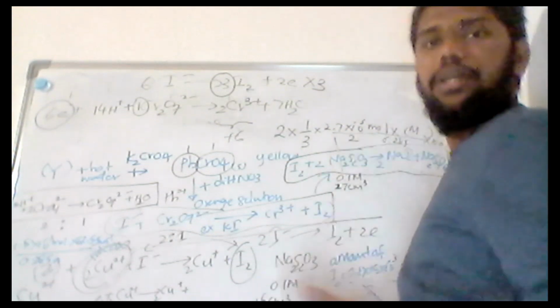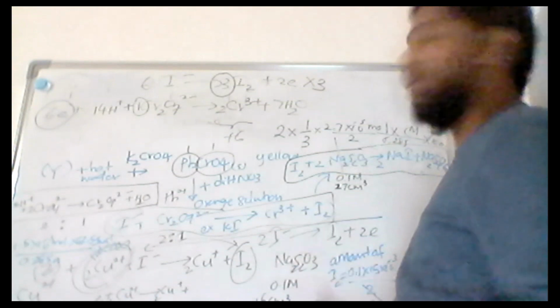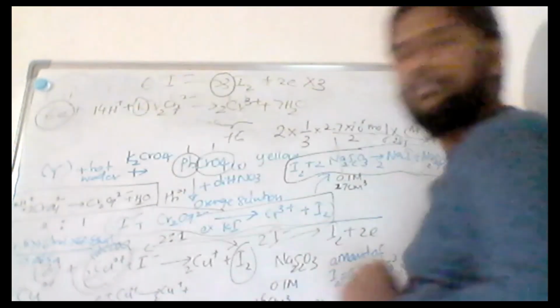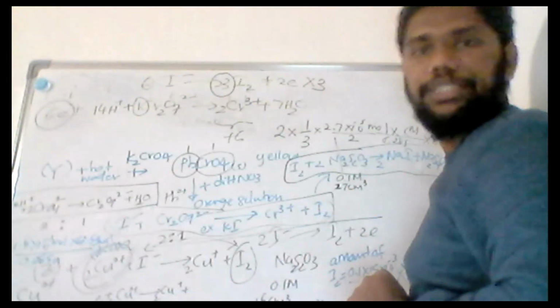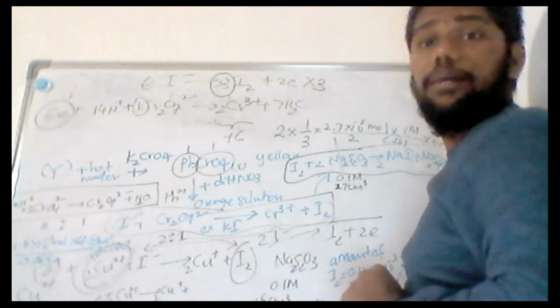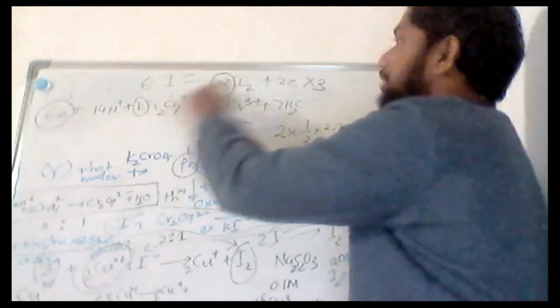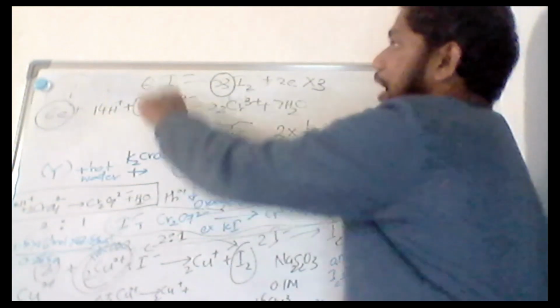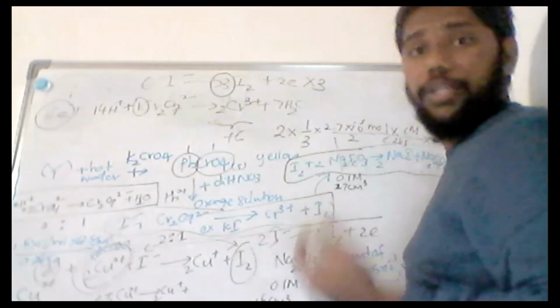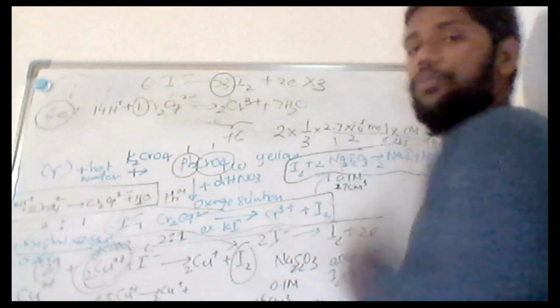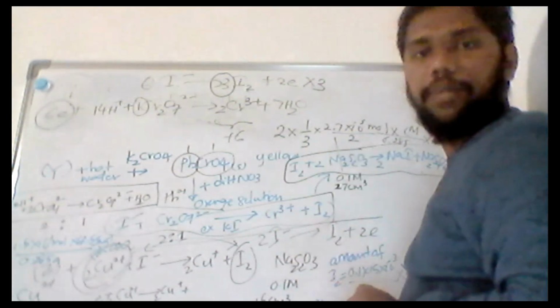That is the second one. Third, you have to balance this equation and write the overall equation and tell the amount of dichromate that reacts with I minus to give the same amount of I2 as here, 2.7 × 10^-3 divided by 2.